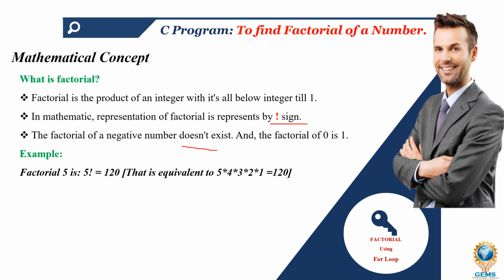Please make a note of this. A negative number does not have any factorial, and the factorial of 0 is 1. These are the points we have to keep in our mind. Based on these points, I am going to explain the program of finding the factorial of a number in C language.